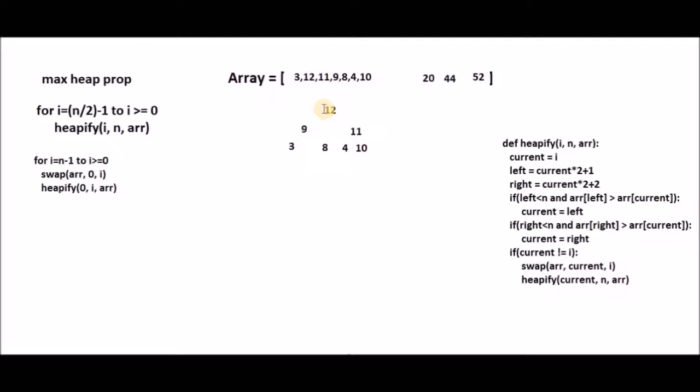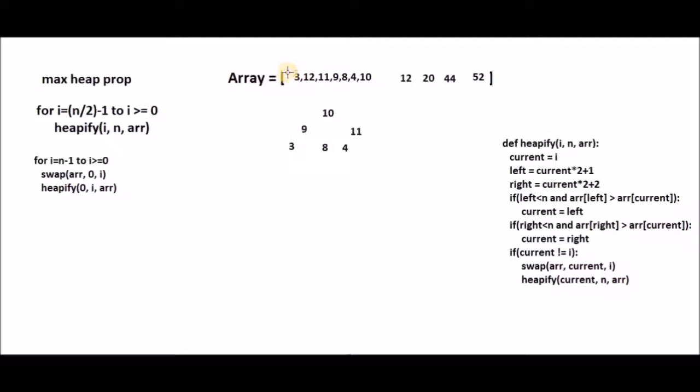So we go back, we again replace 12. We swap 12 with 10. So this goes, and this comes at the top. And then at the end here we have 12.